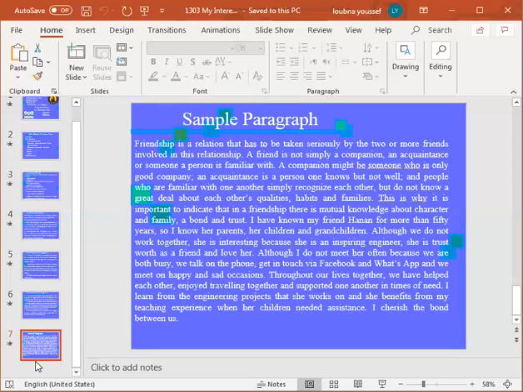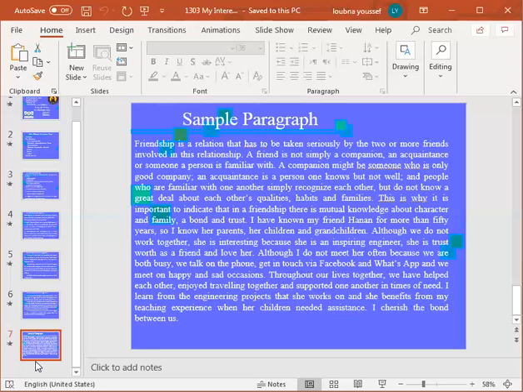So a friend can be a companion, can be an acquaintance, can be someone a person is familiar with, but more than a companion, more than an acquaintance, and more than someone who a person is familiar with.